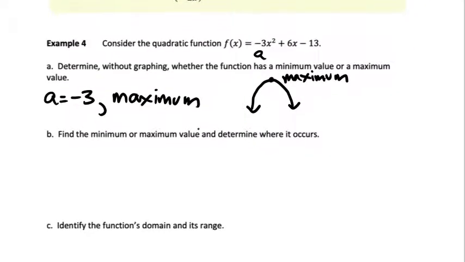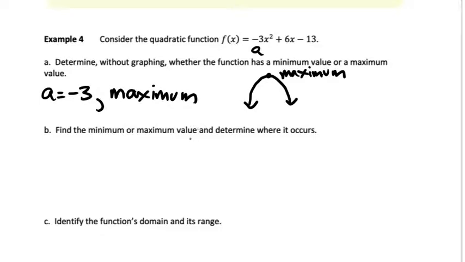Part B says to find the minimum or maximum value and determine where it occurs. So first we need to find the x-coordinate. Where it occurs is going to be the x-coordinate. The minimum or maximum value itself is the y-coordinate. So for the x-coordinate, we're doing negative b over 2a.